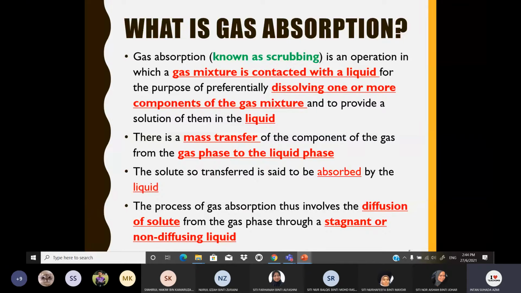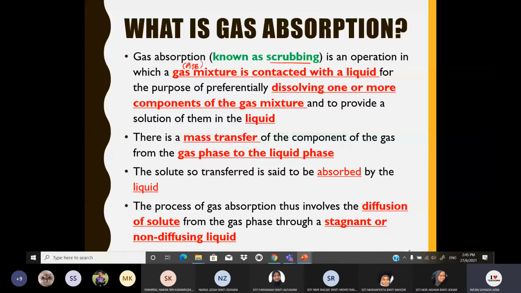What is gas absorption? Gas absorption, also known as scrubbing, is an operation in which a gas mixture, which I can denote as A plus B, is contacted with a liquid, or what we call the solvent.